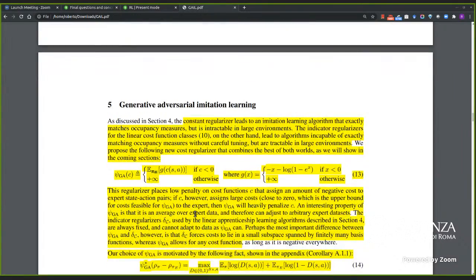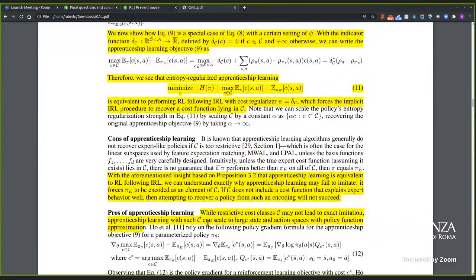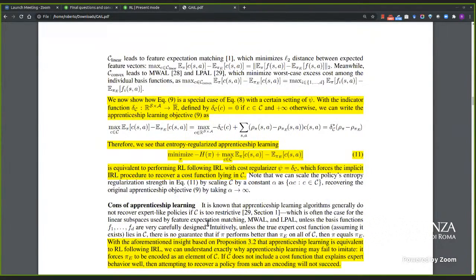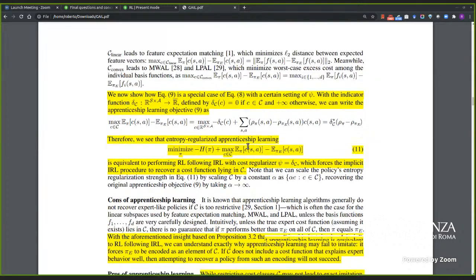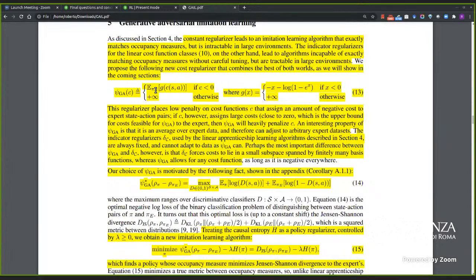Now it's the first time that we're seeing this. So here either we had a fixed regularizer, or a regularizer that didn't depend on the data but on the cost function. So this is the regularizer that they used in the apprenticeship learning setting. So here instead, we are using a regularizer that depends on the data.